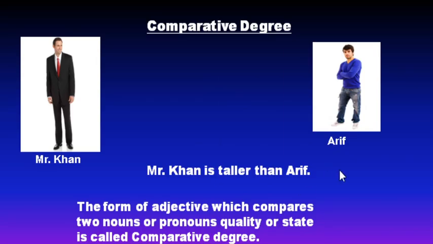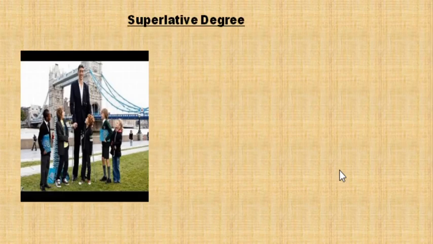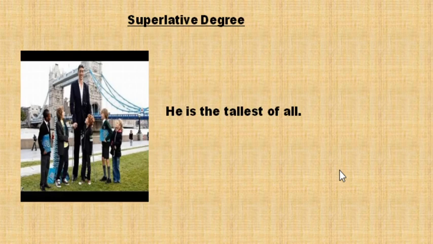So let's move on. Superlative degree, I have already discussed that in case of superlative degree, it is not limited to two persons or two things. We compare in superlative degree among all persons, among all things. That means he is the tallest of all.